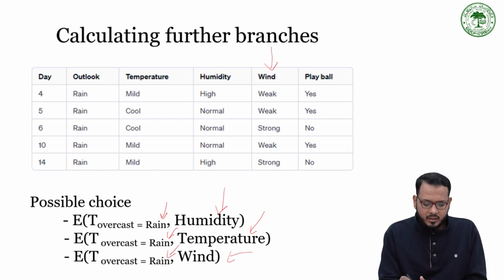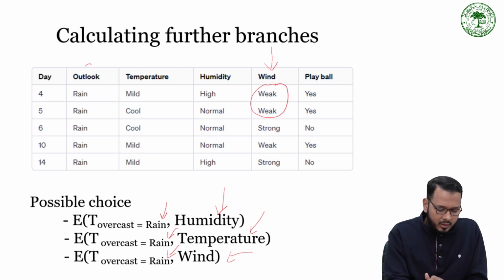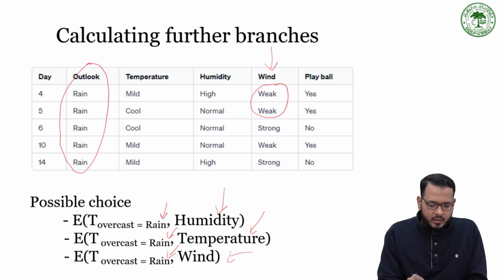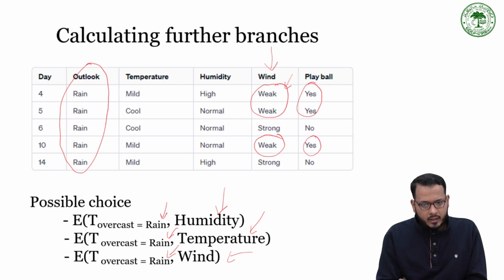The reason being that in this specific partial table, for outlook being rain, whenever the wind is weak, the corresponding answer is yes, and whenever the wind is strong, the answer is no. So there is a complete division.